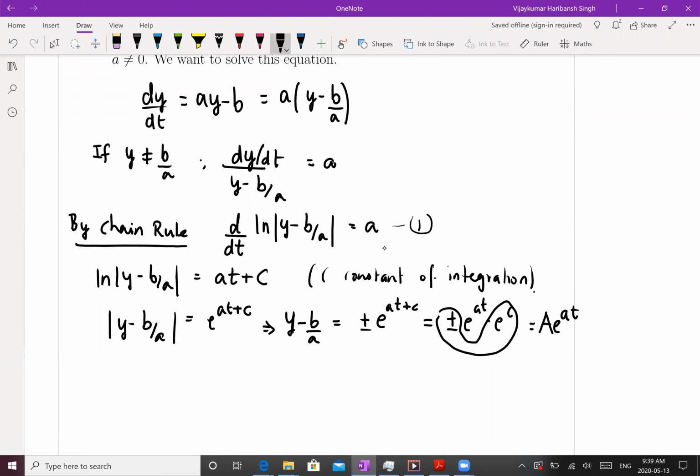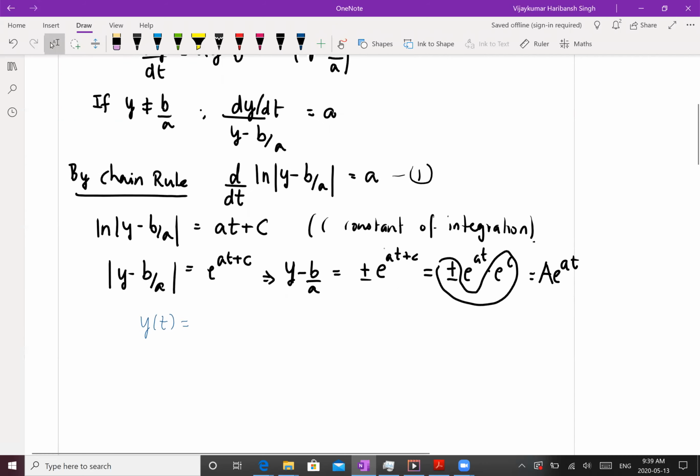So what do you get? You get, in the end, y equals y of t equals A e to the power at, and this minus b by a goes on the other side, becomes plus b by a, where A is an arbitrary non-zero constant.